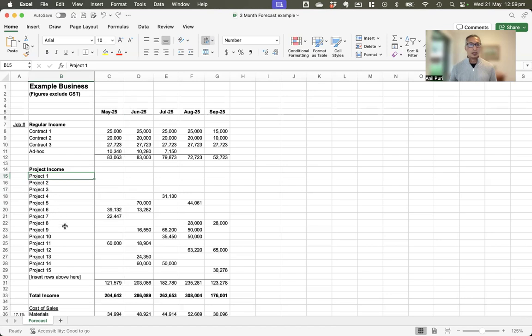So this tool then allows a project-based business to look at all the projects and estimate when those projects will be completed, or when milestones will be hit if that project goes across multiple months, and then how much you can invoice for each of those months, making sure that that totals to your revenue target. And if it doesn't, then it gives you a heads up, a month or couple of months in advance.